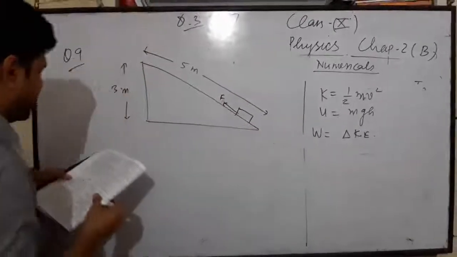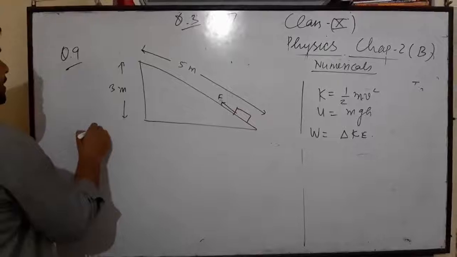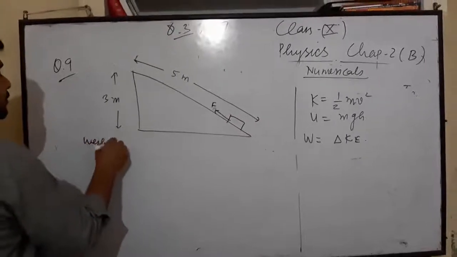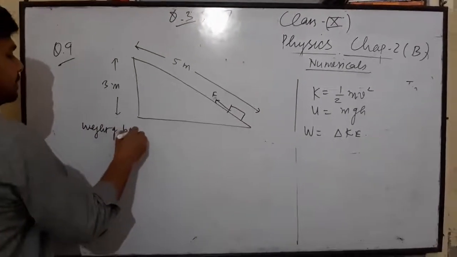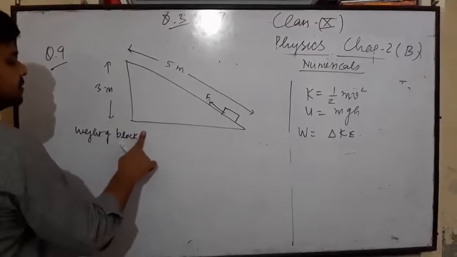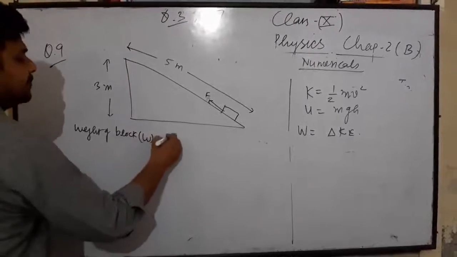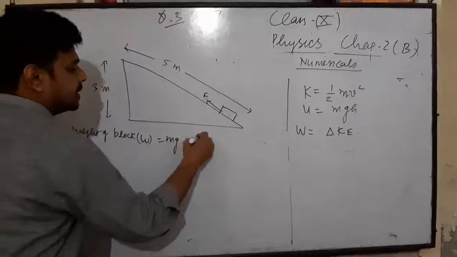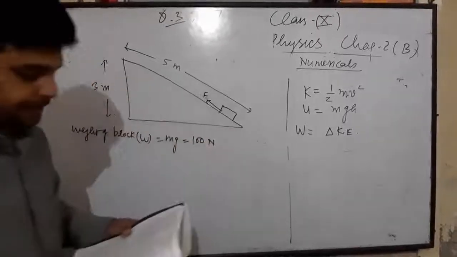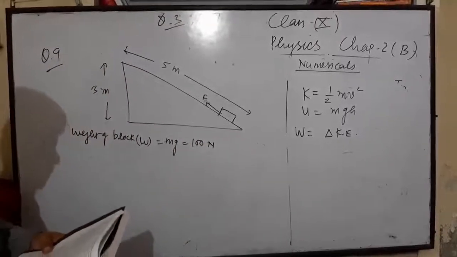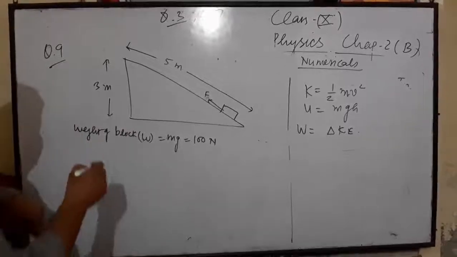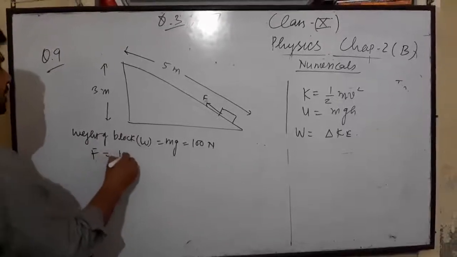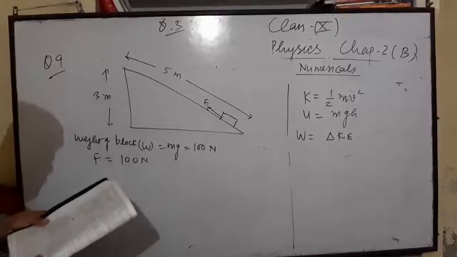A block A weighing 100 Newton, weight of block, mg is equal to 100 Newton, is pulled up a slope of length 5 meter by means of a constant force F equal to 100 Newton.